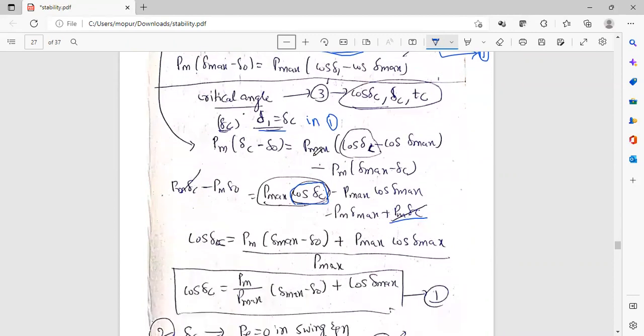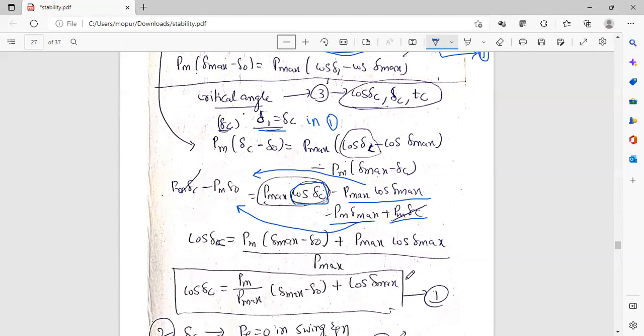What we will get? Cos delta C is equal to, from this, Pm into this, and minus Pm delta max I am taking to the other side. So what I will get: Pm into delta max minus delta naught, plus, minus Pmax cos delta max also I am taking to the other side, so plus Pmax cos delta max, and this Pmax coefficient comes to the denominator.